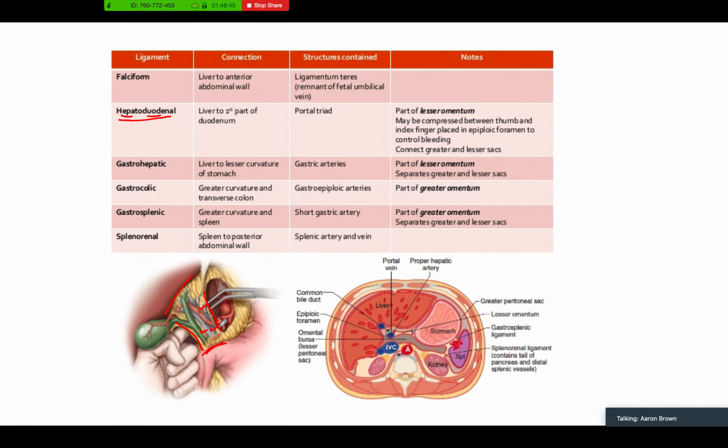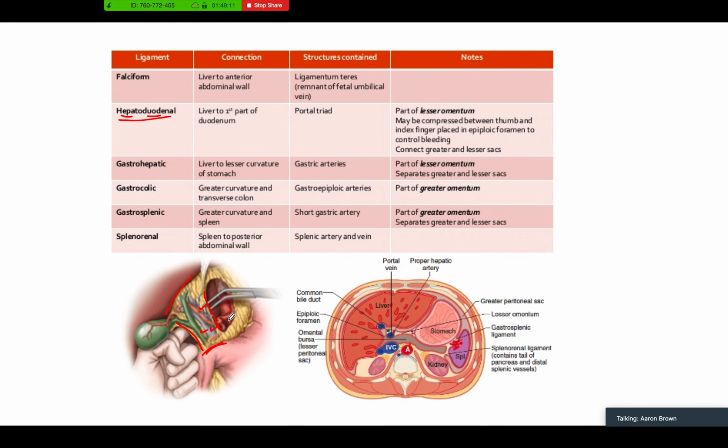So for the vein, this is a vein carrying blood from the GI tract to the liver. What would we call that? I would tell you, but you're going to hate me for telling you because you know this one. This one is going to be the portal vein.